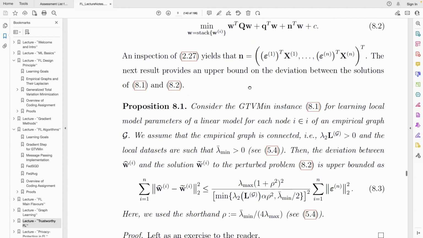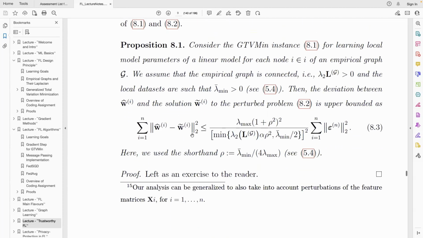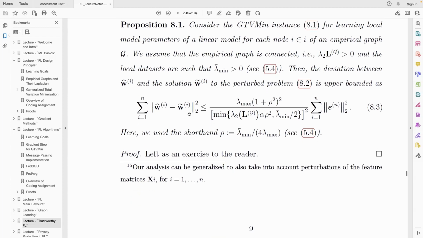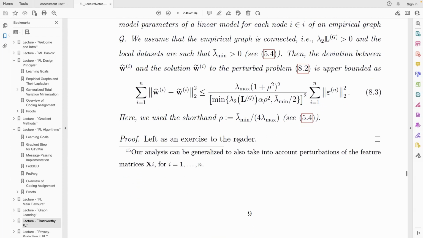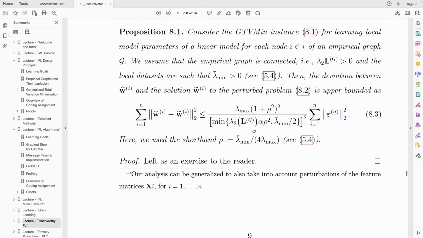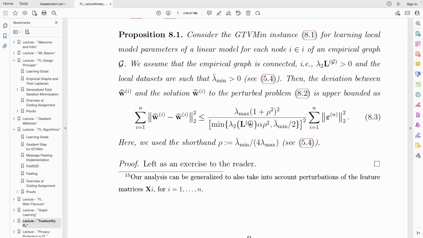To answer this, I derived an upper bound, which you find in the lecture notes, and the proof is left as an exercise to the reader. This would also be a good opportunity to collect bonus points if you draft me a nice proof. This upper bound contains, again, the eigenvalues of the feature matrices, or the quadratic forms of the feature matrix, lambda max and lambda min, and the second smallest eigenvalue of the graph Laplacian.